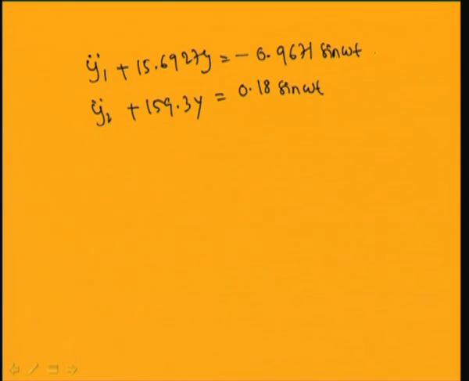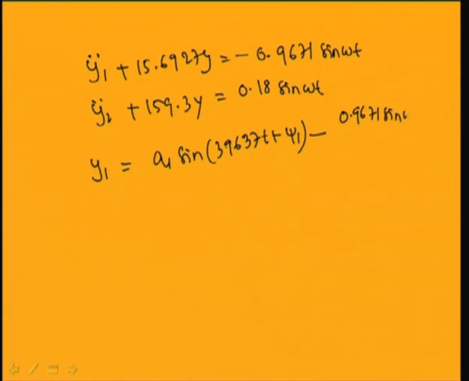For solving the first equation, it has both the complementary part and the particular integral. So, you can write y1 equal to the complementary part, A1 sin 3.9637 t plus phi 1, plus for the particular integral, 0.9671 sin omega t by D square plus 15.6927. For D square you can substitute minus omega square.